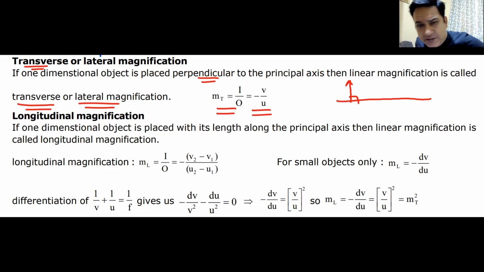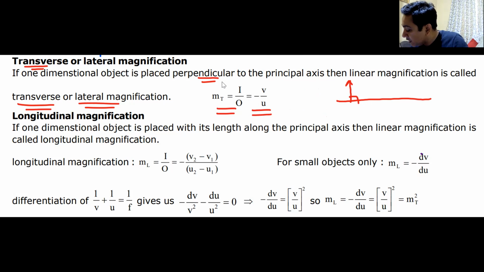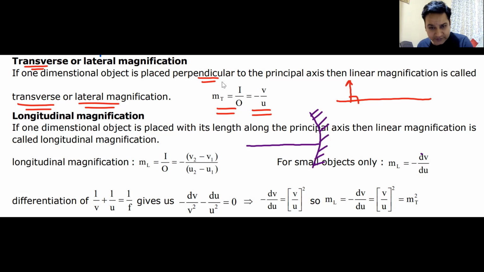How can things be different? Can there be a different type of magnification? Yes or no? No. To answer this question, let me do it with this color. Okay, let us say this is the principal axis and this is my mirror. Which type of mirror am I drawing here? Concave, sir.